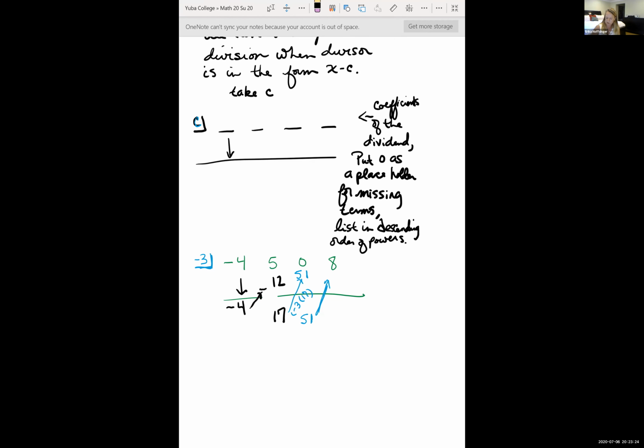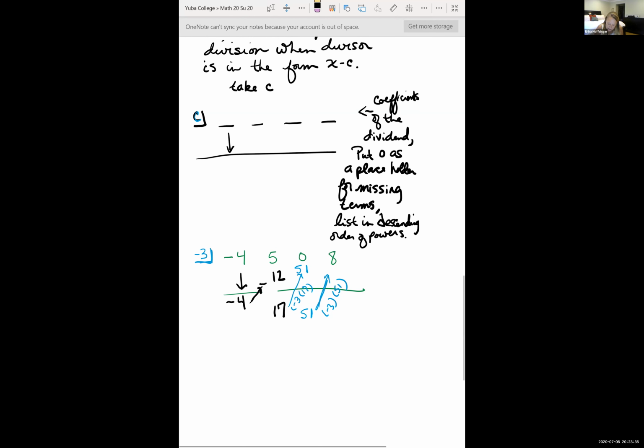Multiply that bottom row by your c value, so -3 times -51. That would be positive, because two negatives is positive. That gives us 153. We sum this up.